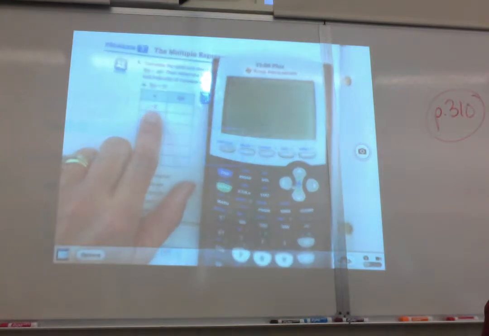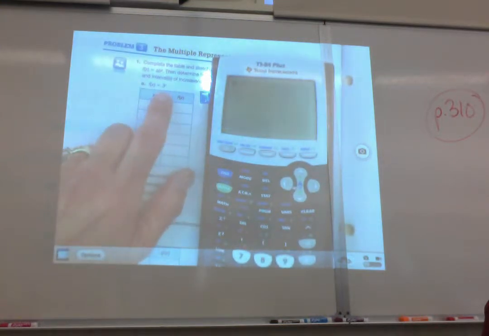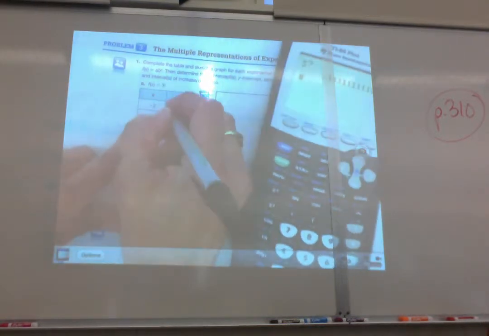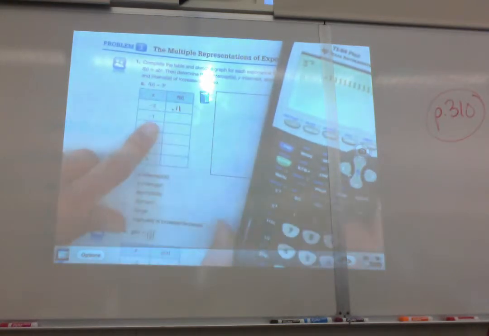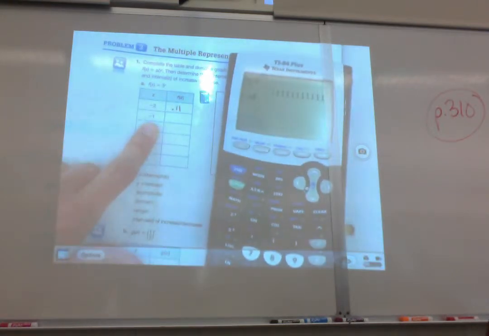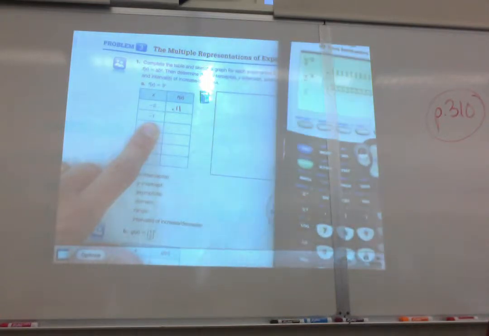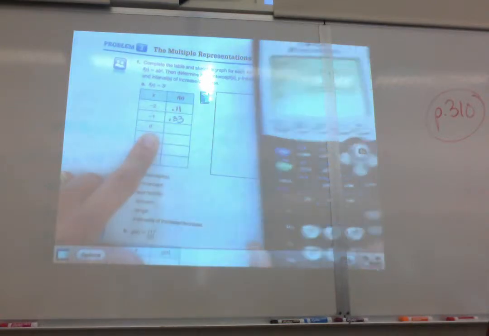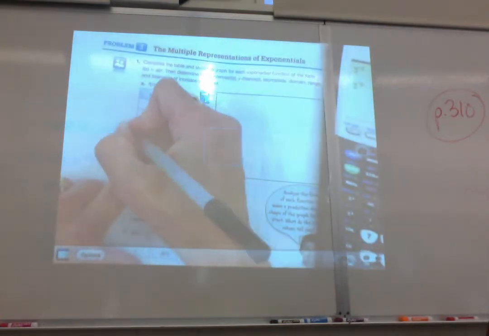For these x's, we want to put them in as an exponent for the 3. 3 raised to the -2 equals, and 3 raised to the -1 equals, 3 raised to the 0.